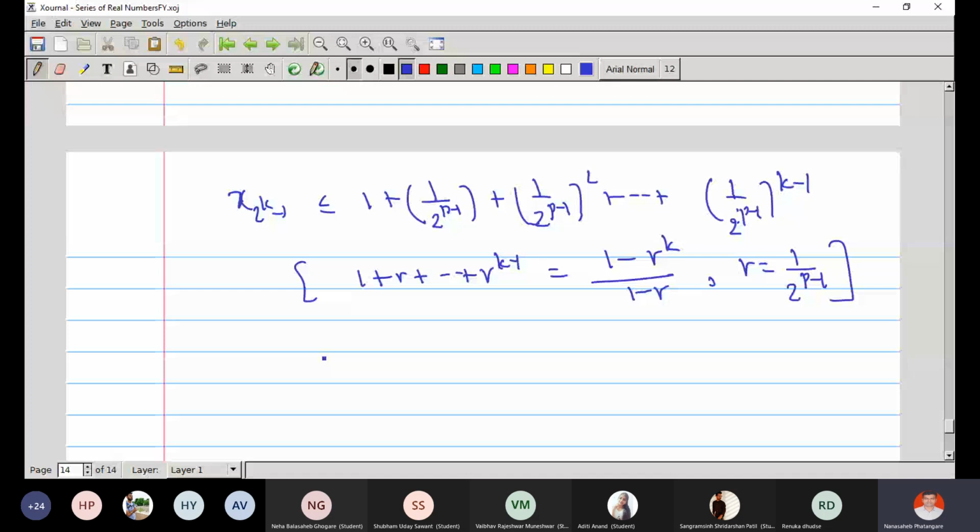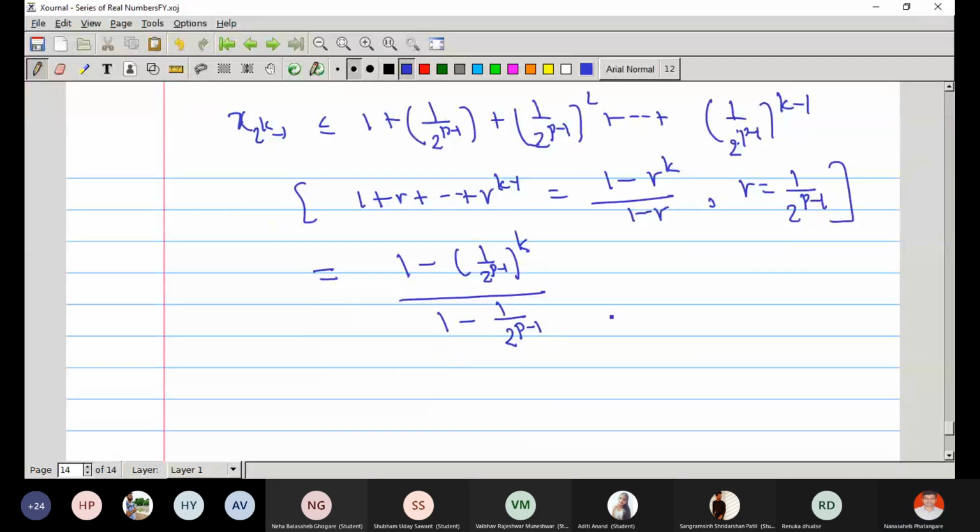Therefore x_(2^k − 1) is less than or equal to this geometric sum, which is 1 minus 1 by 2 to the power p minus 1 whole to the power k, divided by 1 minus 1 by 2 to the power p minus 1. This is r.